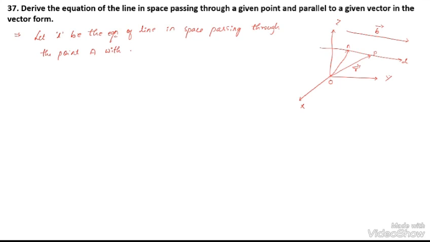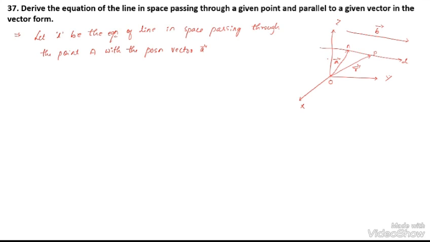Here there is a line L. There is a vector from O to A. So the line is passing through the point A with position vector a.